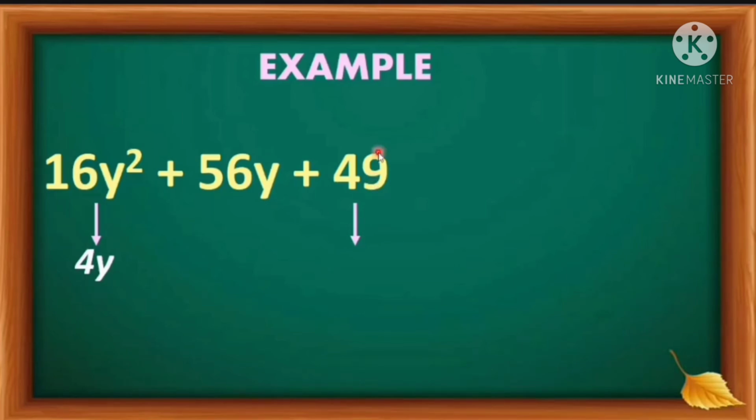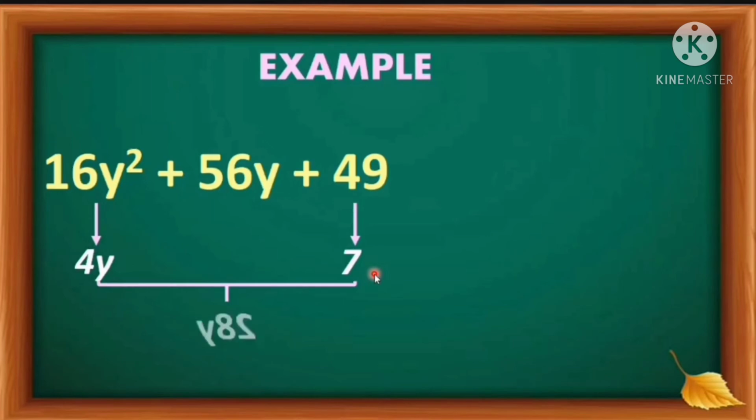Square root of 49 is 7. Get the product of the square root of the first term and the square root of the third term. 4y times 7, that is 28y. And then the middle term should be twice the product of the square root of the first term and the third term. So meaning 28y times 2, that would be 56y. And with that, we are pretty sure that this trinomial here is really a perfect square trinomial.